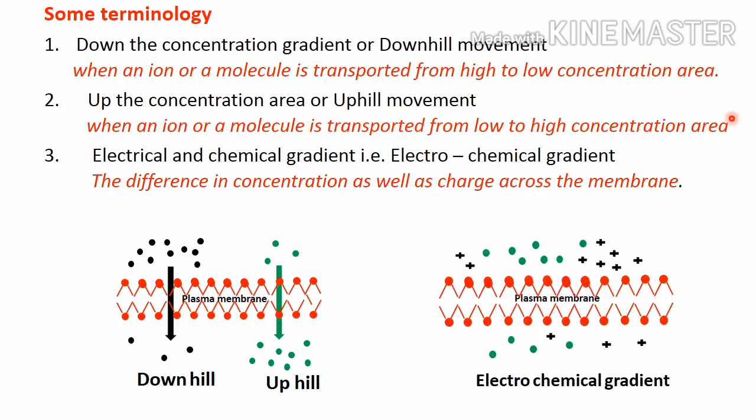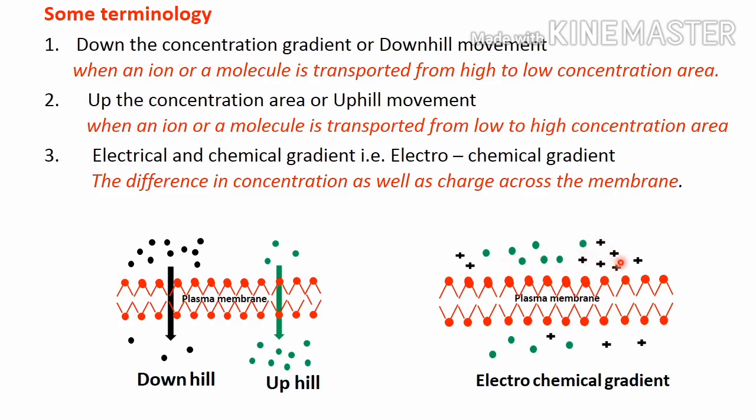Here, as represented in this plasma membrane diagram, these green dots represent some solute, and these solutes are high in concentration at one plane of the plasma membrane.